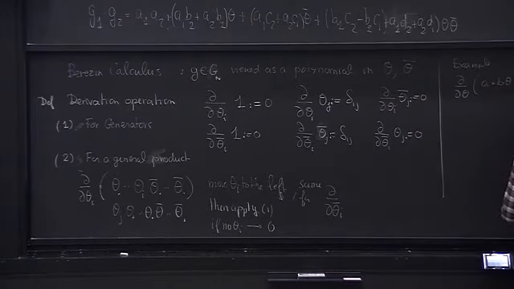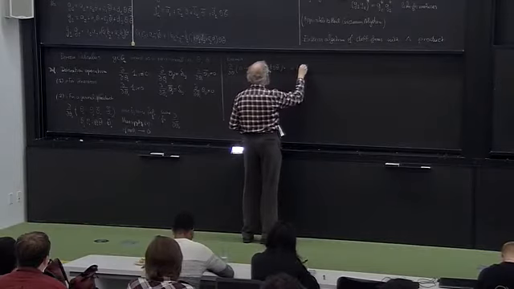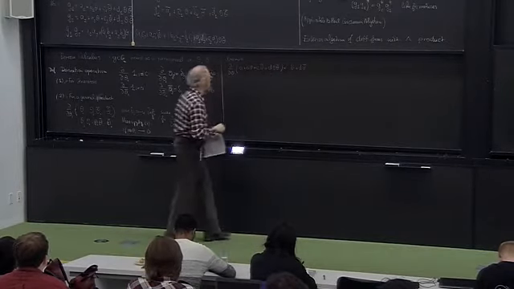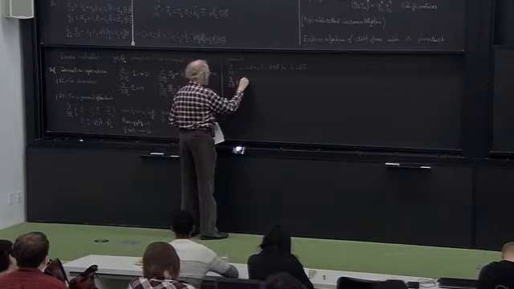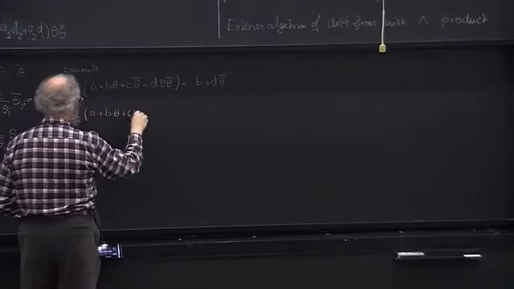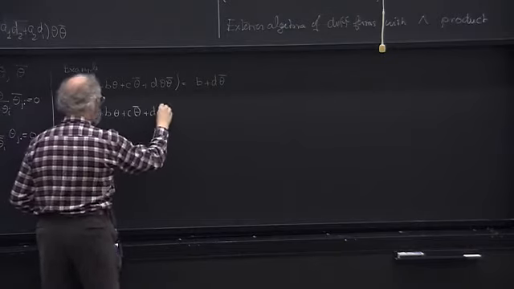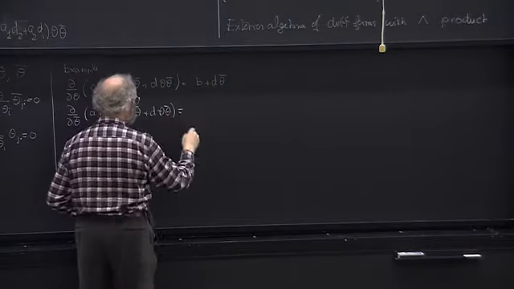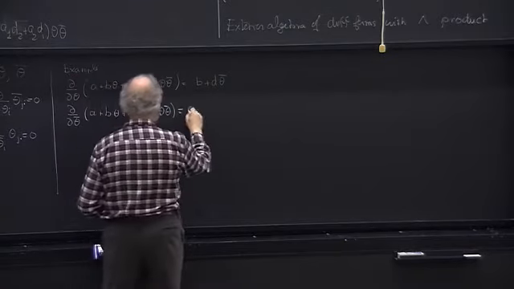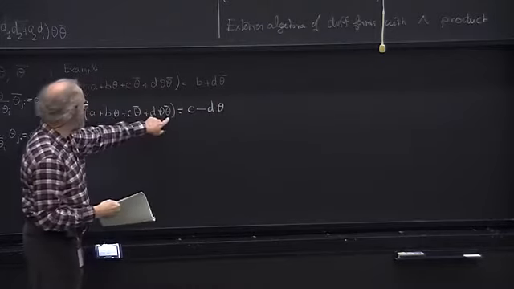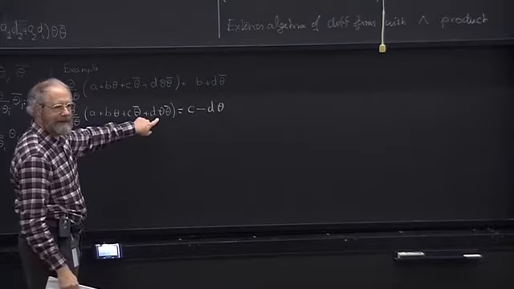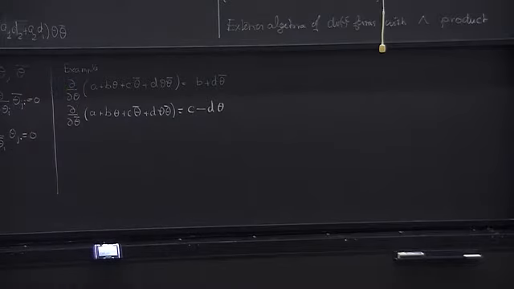So this is B plus D theta bar. But d over d theta bar of A plus B theta plus C theta bar plus D theta theta bar is going to be C minus D theta, because you first have to move theta bar to the left and then apply the rule. So you see this is the rule.